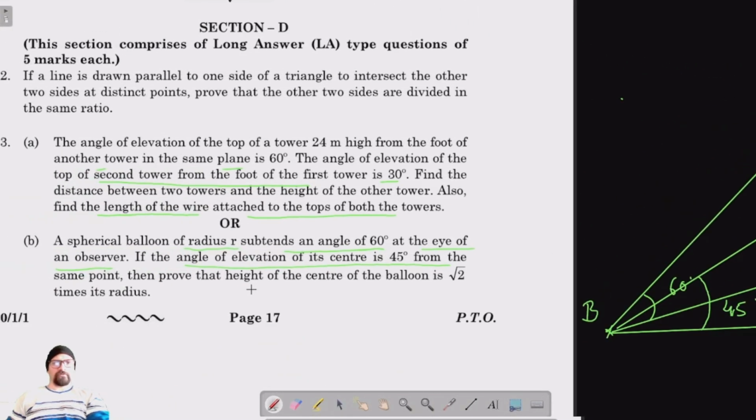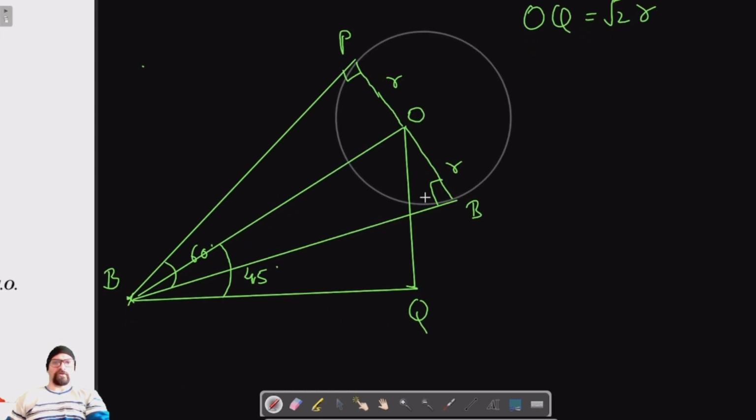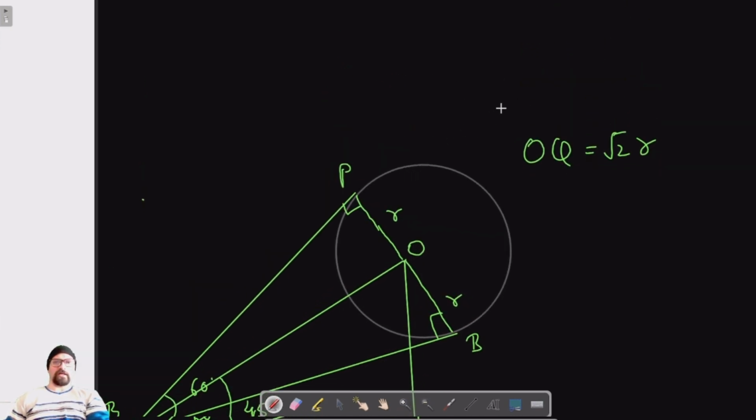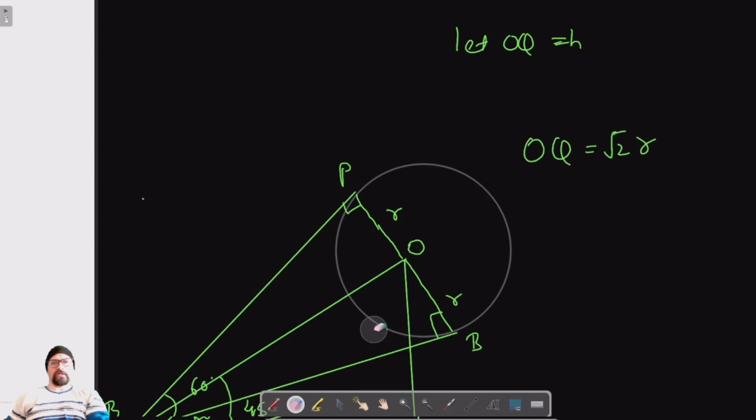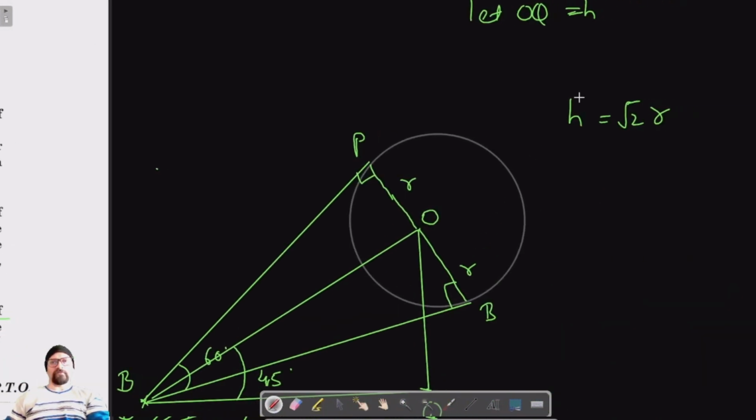And we have to show that the height of the center of the balloon, that is this OQ, is root 2 times R. So let's say OQ is equal to H. That means we have to prove that the height of the center of the balloon is root 2 times its radius. So that's what we have to prove.